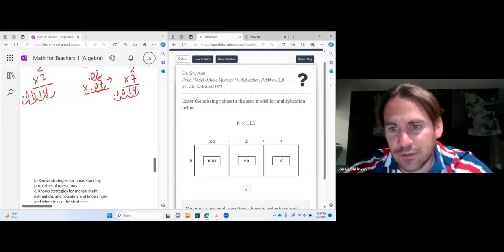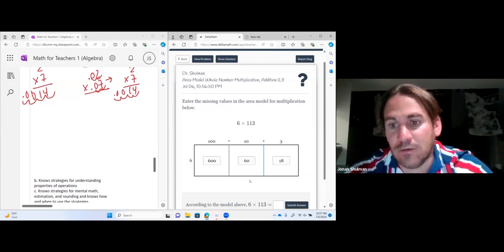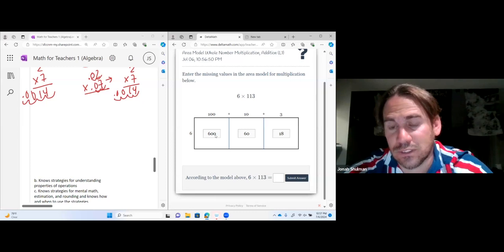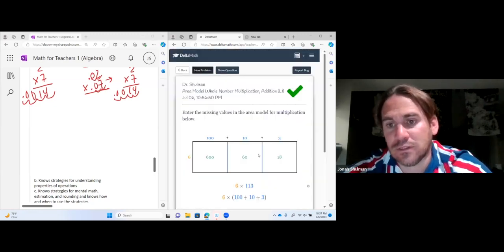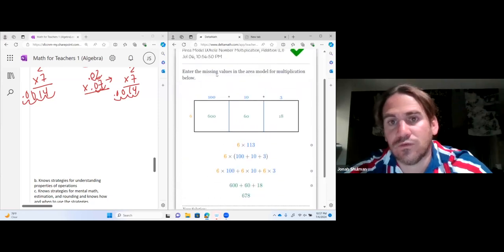And then when you add all three together, you get the answer. I really like this method. I think it's great. So 660, 678. So it's 678. Way easier than just doing the whole thing at once. You do the 100th place, the 10th place, the third place, and add them up. I like this a lot. I think this method's really useful for students.